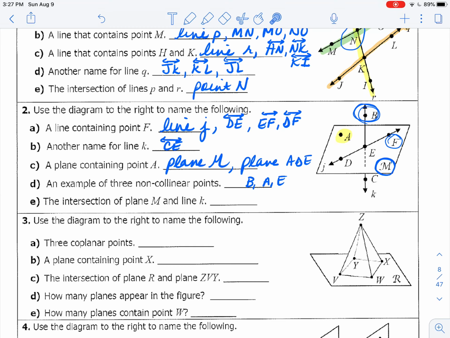Point B is above the plane, so they are non-collinear. Letter E, the intersection of plane M and line K. Well, line K intersects plane M at point E.